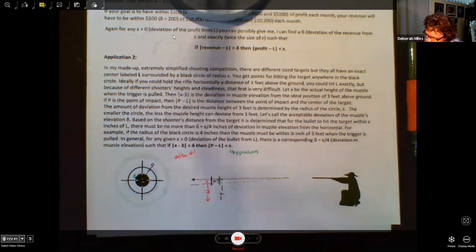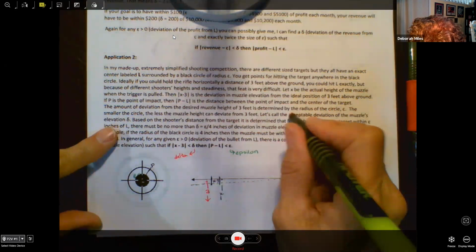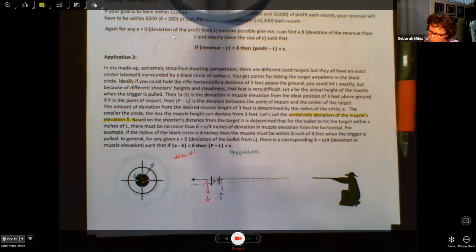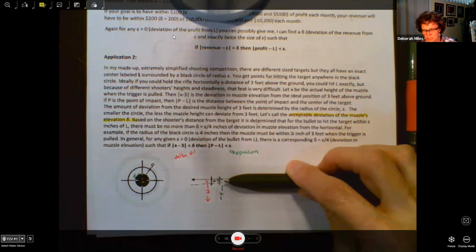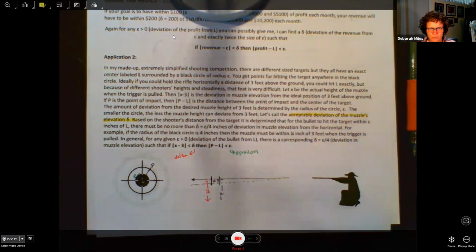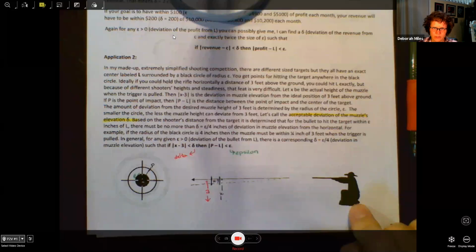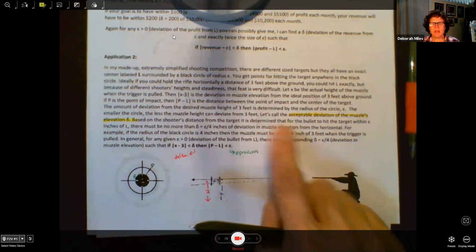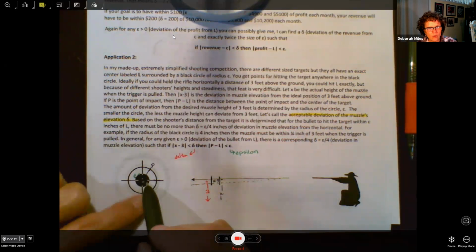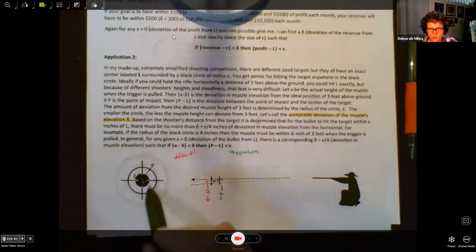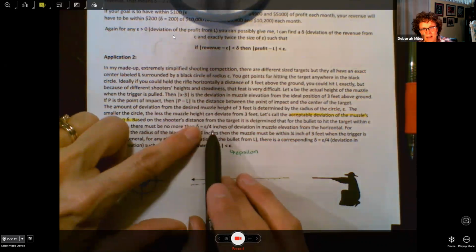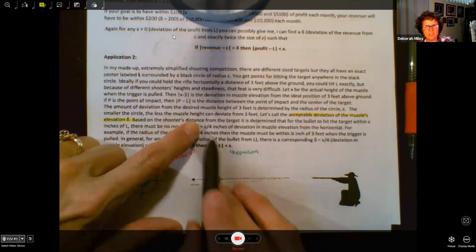And that's exactly what acceptable deviation is, how much it's okay for your trajectory to be above or below this ideal trajectory. Based on the shooter's distance from the target, and I'm sure a lot of other factors, someone determined that for the bullet to hit the target within epsilon units of L, that just means within the black circle, there must be no more than epsilon divided by 4, or a quarter of that distance.